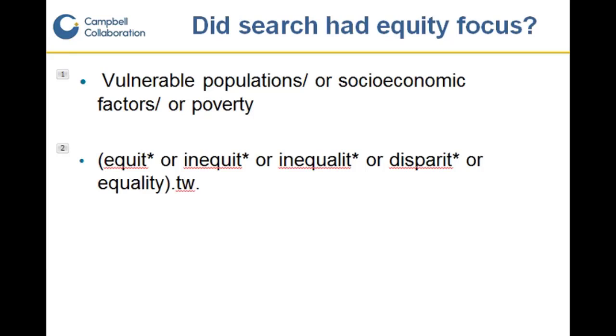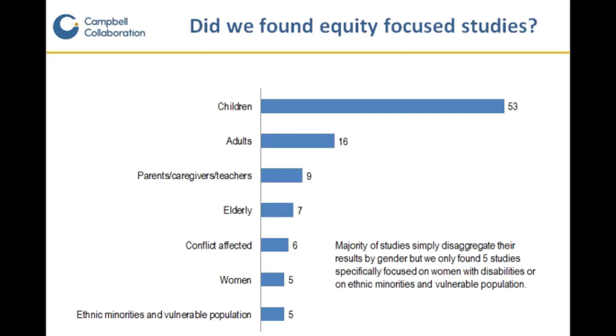As a result of this, we did identify a few studies that had an equity focus, but the majority of studies that we were able to identify simply disaggregated their results by gender, or some of the studies disaggregated results by ethnic minorities. But we did not find many studies that talk specifically about women with disabilities, vulnerable children, or conflict affected regions.